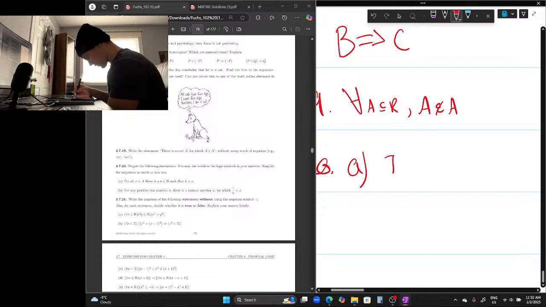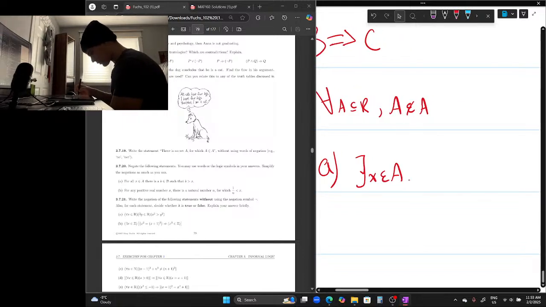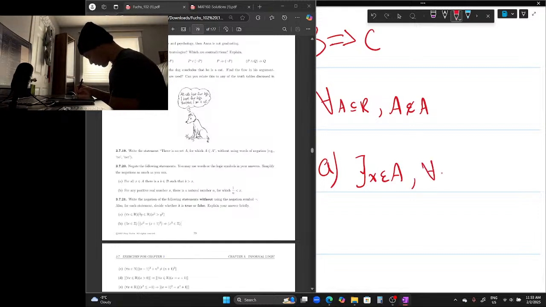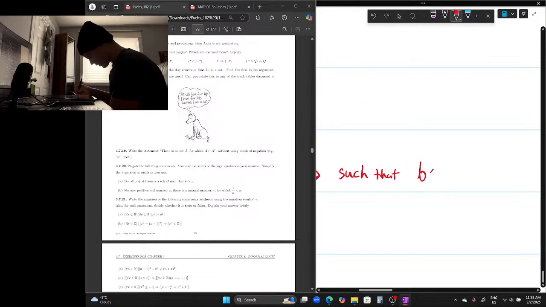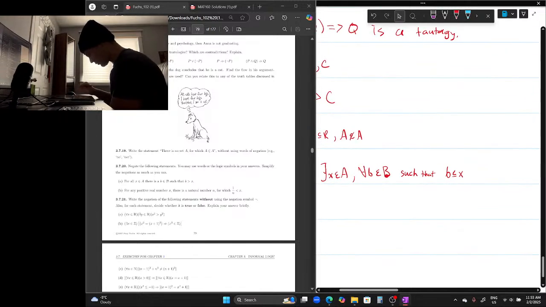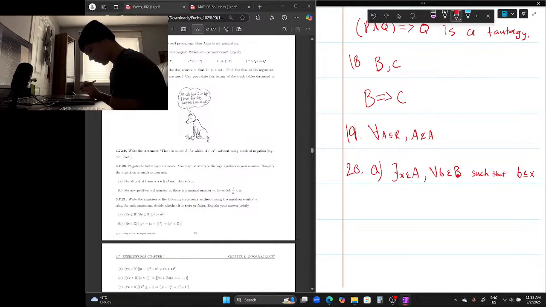There exists an x in A such that for all b in B, b is less than or equal to x. This is false, obviously. Actually, this might not be false. Overall, it's false, but depending on the sets, it could be true.